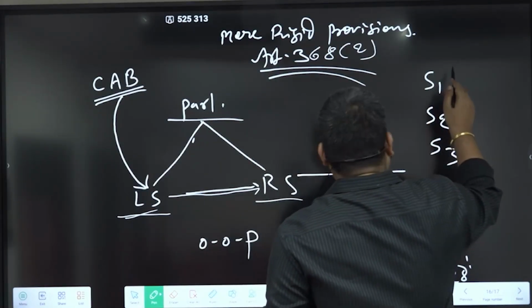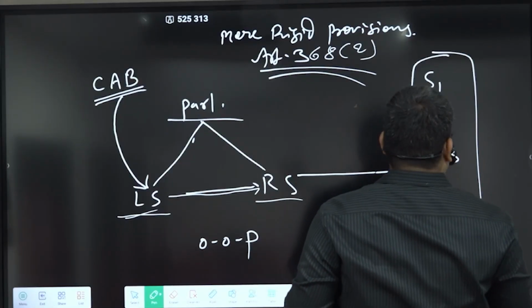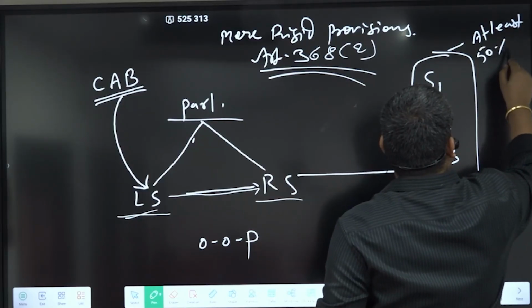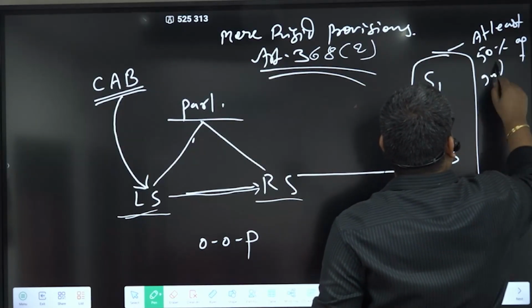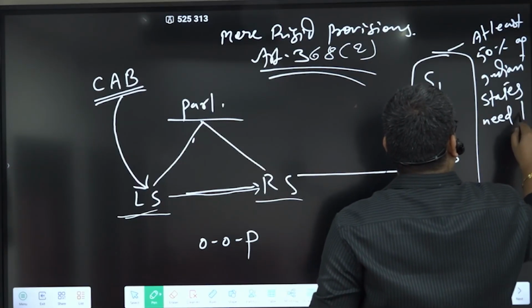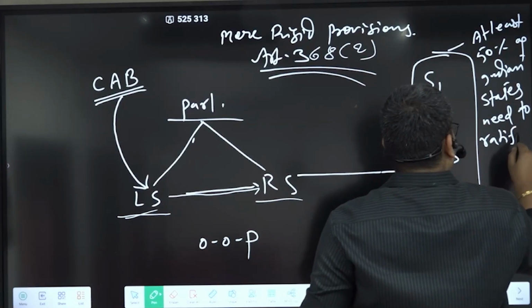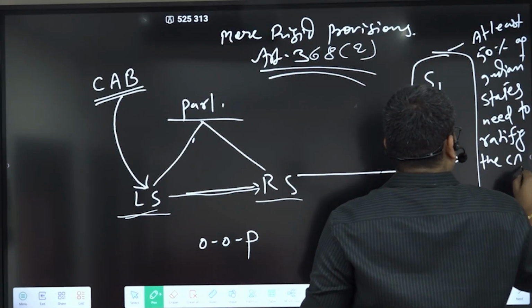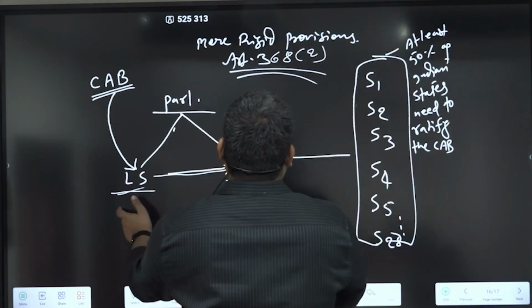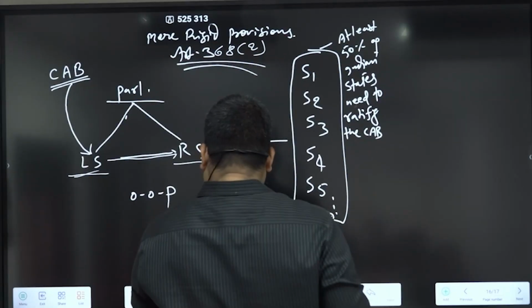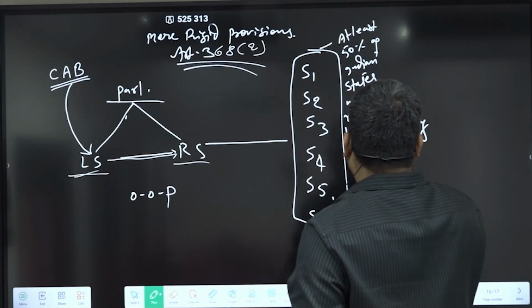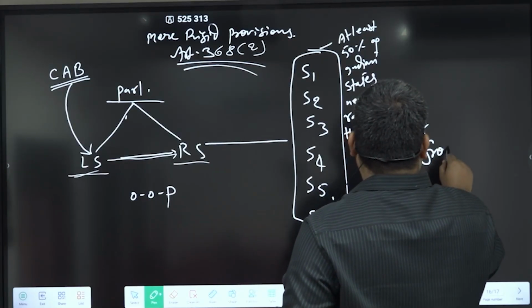Even if not all, at least 50% of Indian states need to ratify the constitutional amendment bill duly passed from the parliament.